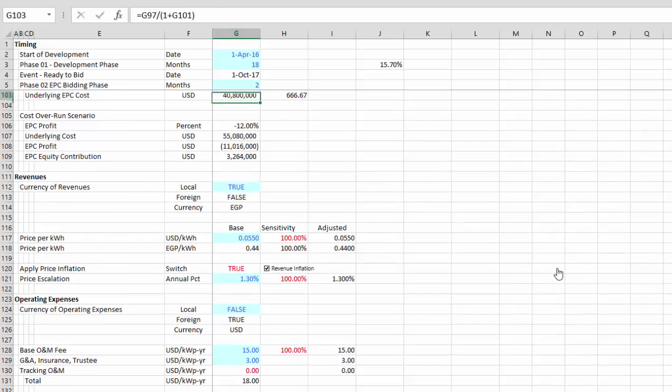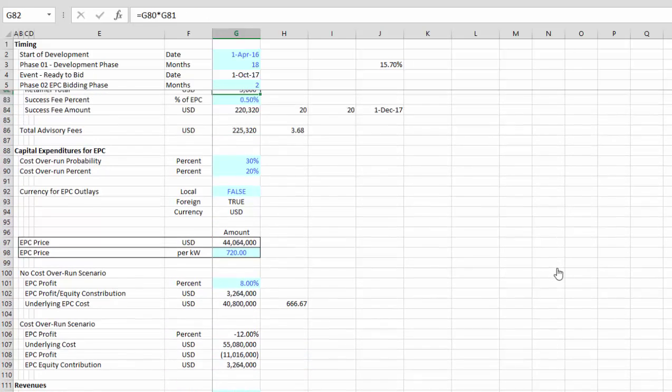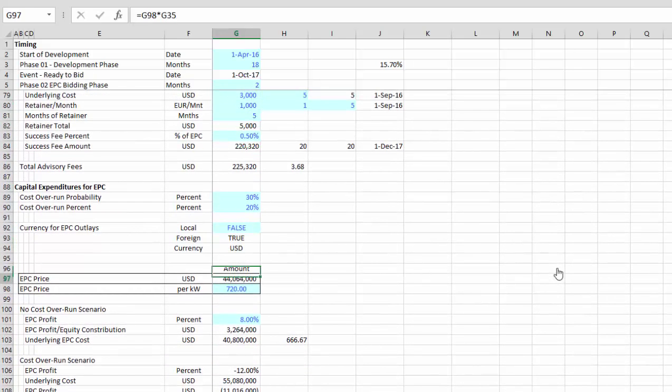Now, because I wasted so much time on the EPC analysis, I left it in USD. There's not much inflation there, but you could absolutely do the same option for the currency. And perhaps here's what I'm going to do.